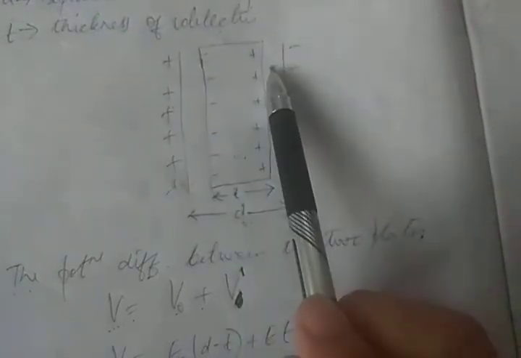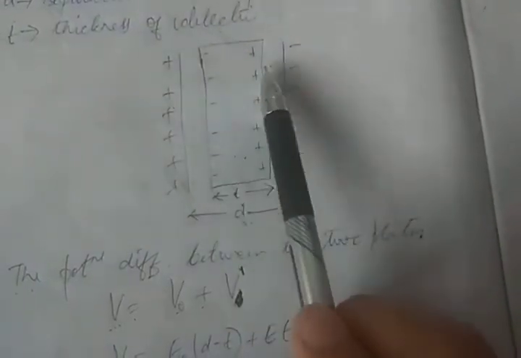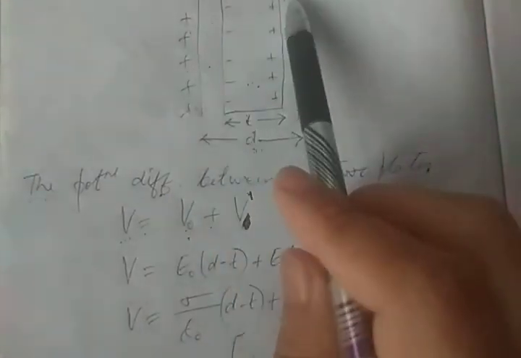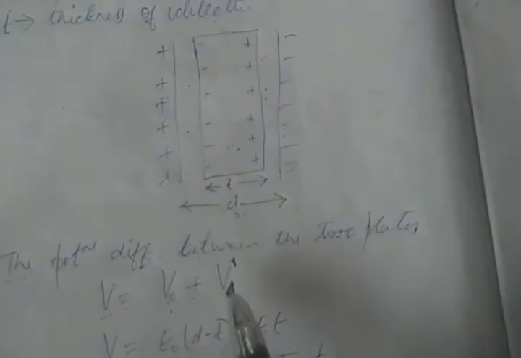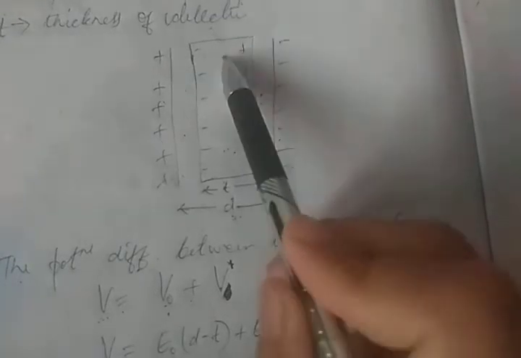So you have free space, and you have this dielectric slab. V naught is the potential in the free space region, and V dash is the potential in the dielectric region over here.